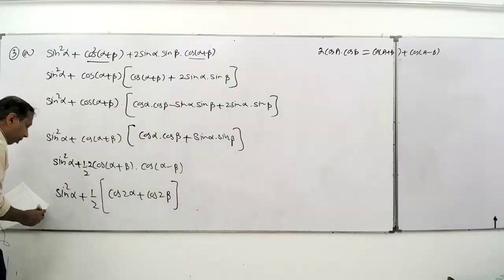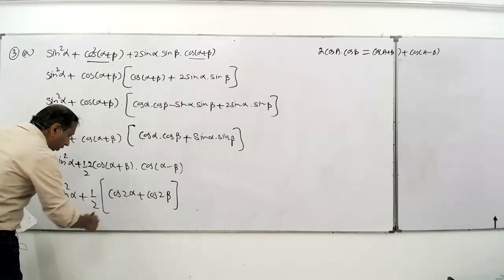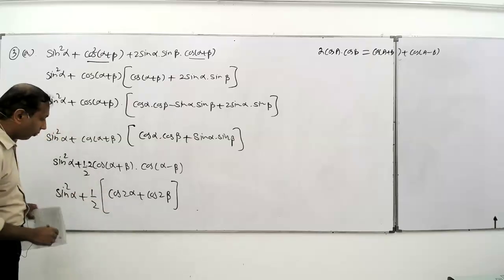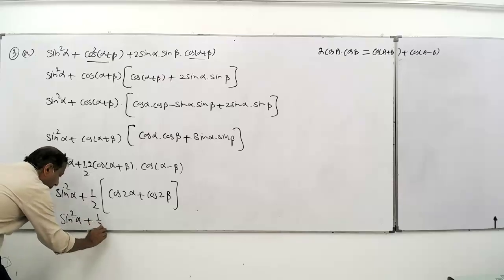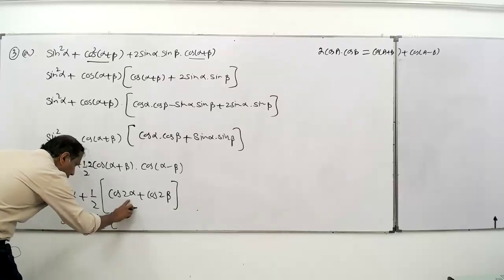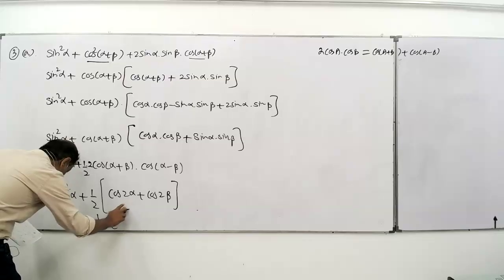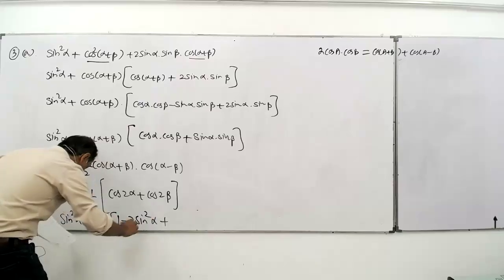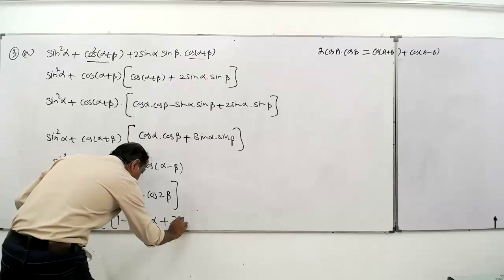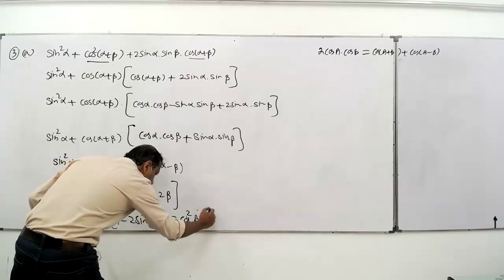Here, this cos 2 alpha, we know the cos 2 formula. I write that here, sin squared alpha plus half, right? Cos 2 alpha I can write as 1 minus 2 sin squared alpha. Cos 2 beta I can write as 2 cos squared beta minus 1.